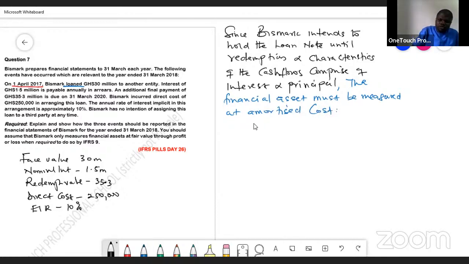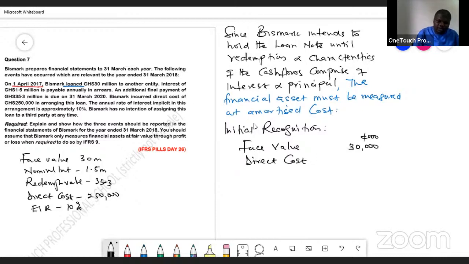Okay. So initial amount to recognize. Initial recognition. We are going to have the face value of 30 million. Then we look at the direct costs. Direct cost, how much?